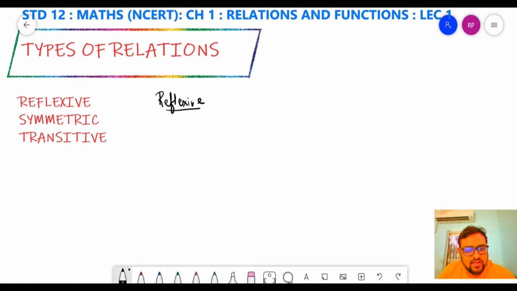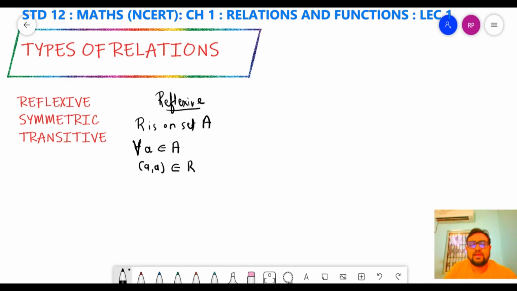Now see, if the relation is on set A, then for every element a belonging to A, (a, a) must belong to R. For every element a belongs to A, if (a, a) belongs to R, then it is reflexive.